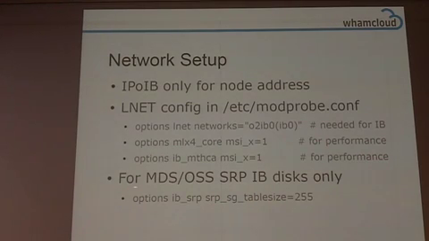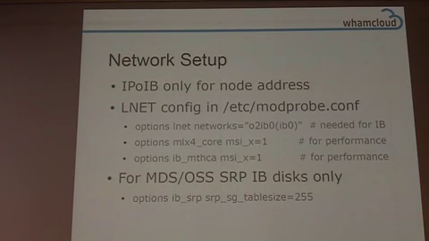Some little tuning tips for the InfiniBand stack itself. Message-based interrupts give you a bit better performance. If you're using IB on the storage side, this is sort of agnostic. Lustre is not specifically driving the storage itself.